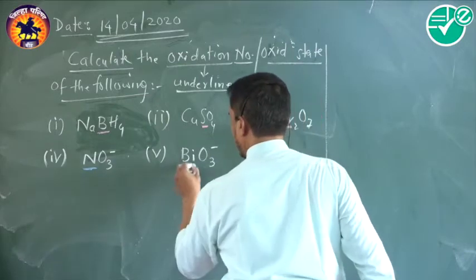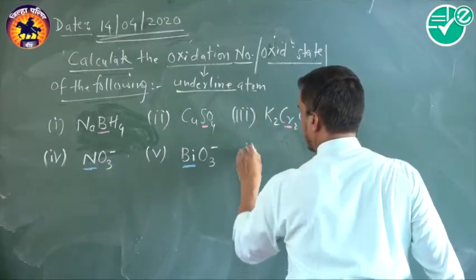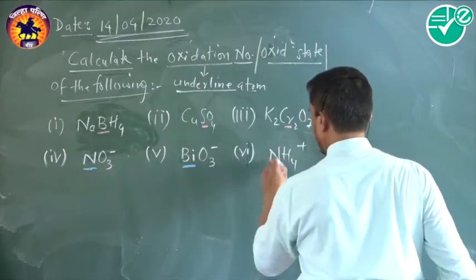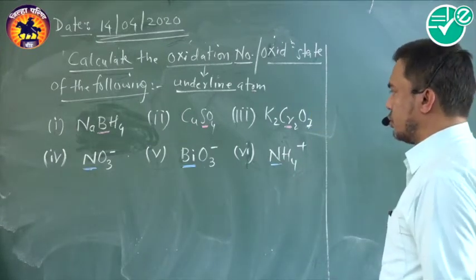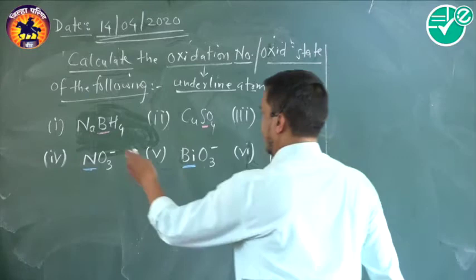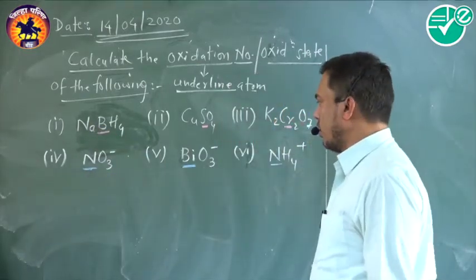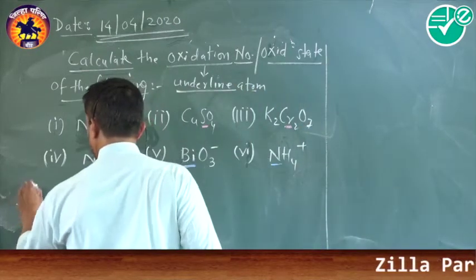You have to underline the Bi, and NH4 plus. Okay. Now we'll start how to calculate the oxidation number of the underlined atom in the compound, whether it's a neutral molecule or a polyatomic ion. So we'll start the solution.